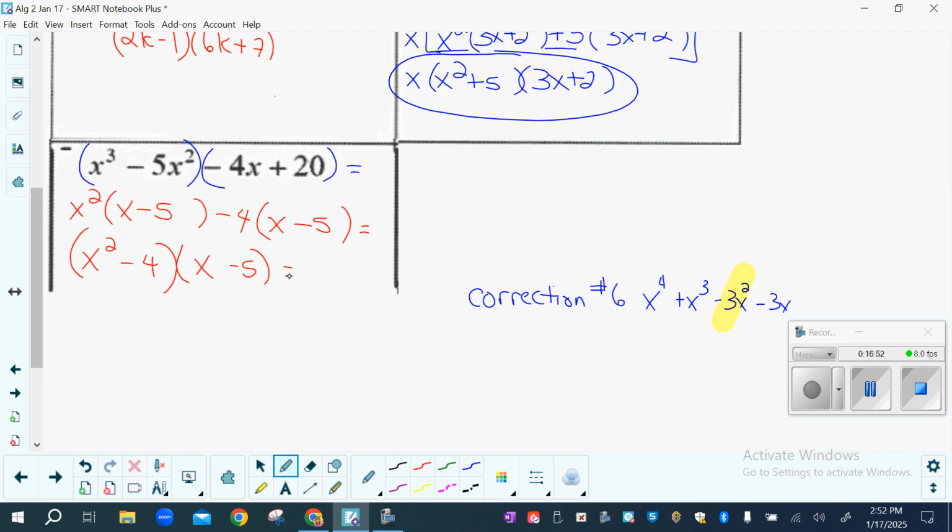Does this factor again? Oh yeah. X minus 2. Yes, we can take the square root. It has to be a minus there for us to factor again. If it's a plus, we cannot factor again. So this factors to, what's the square root of 4? 2. What's the square root of x squared?